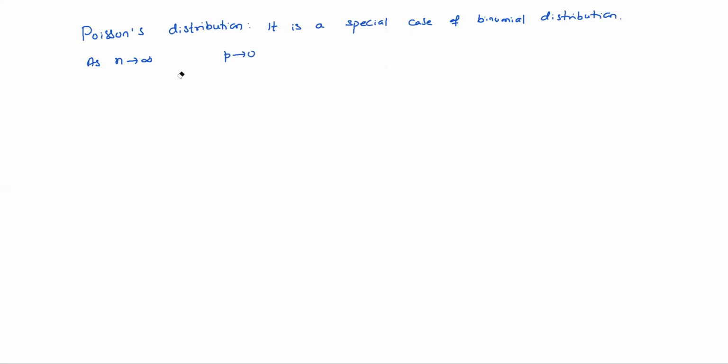N tends to infinity, comma, p tends to 0. p is a very small probability and np is constant. Then we get Poisson distribution.